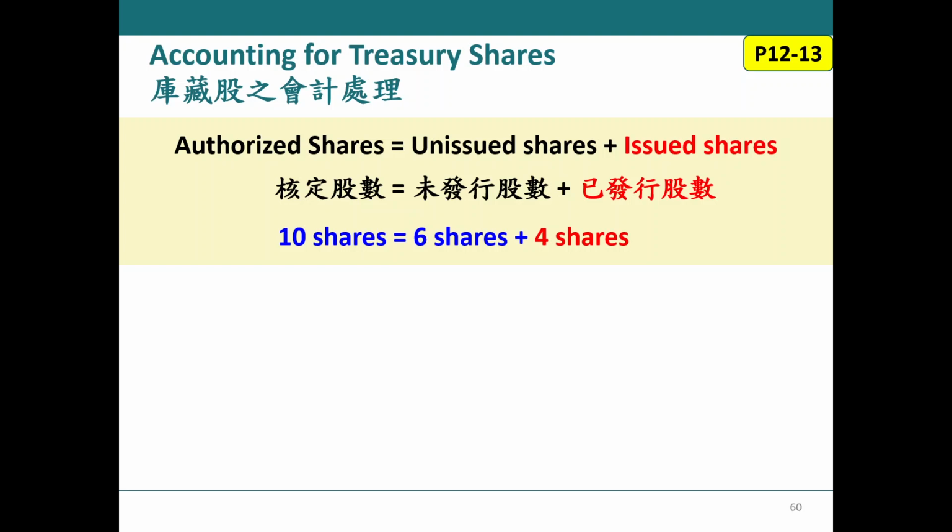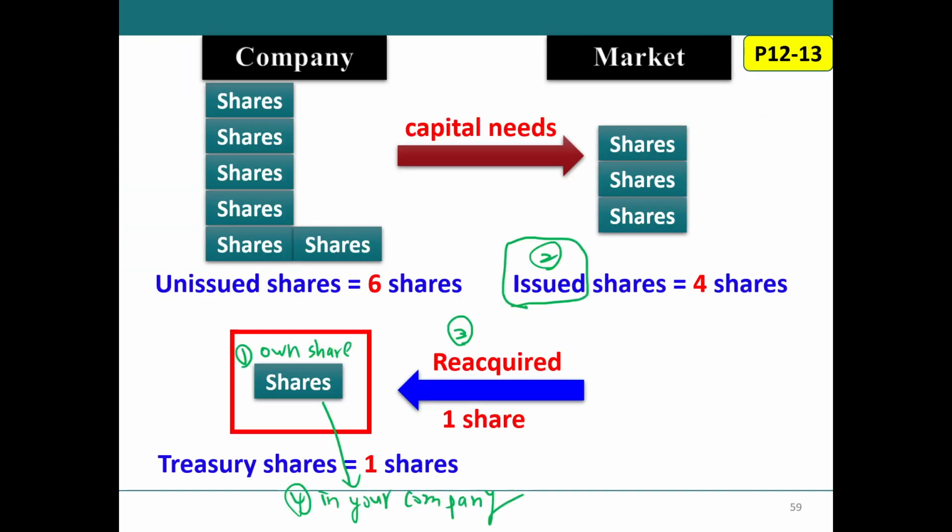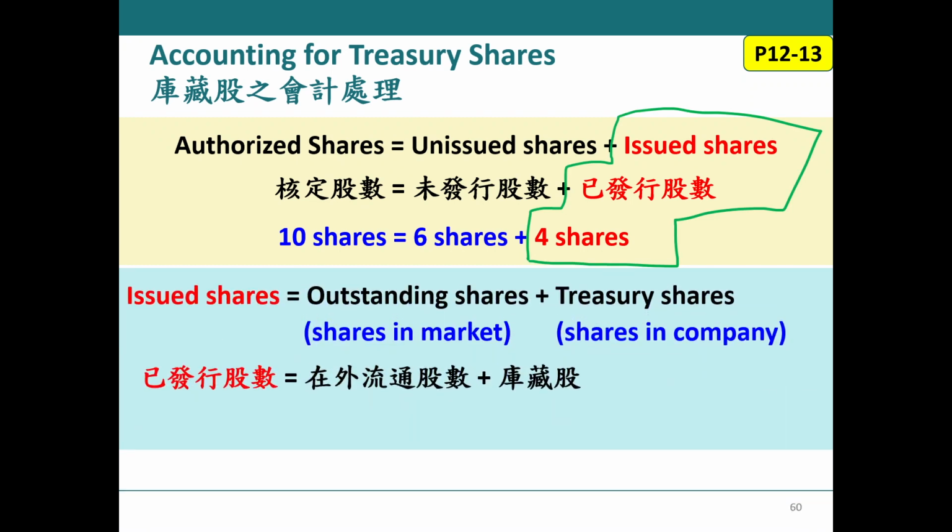Okay. Based on this, could you tell me we sold 4 shares, right? Right now, you decide to buy back 1 share, okay? So how many in the market? How many in the company? For that 4 issued shares. 3 in the market, right? 1 in your company, okay? So for that 3 in the market, we call it outstanding shares. 在外流通股数.